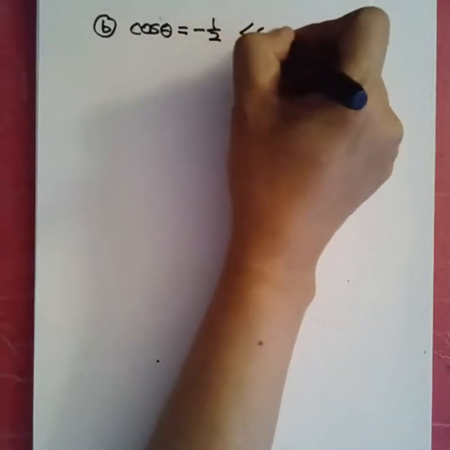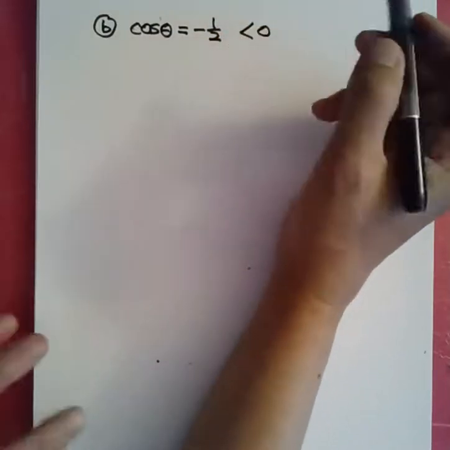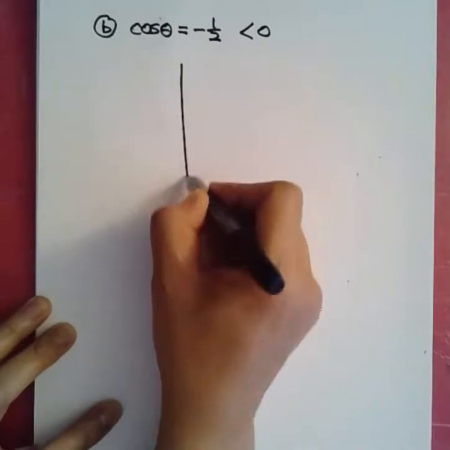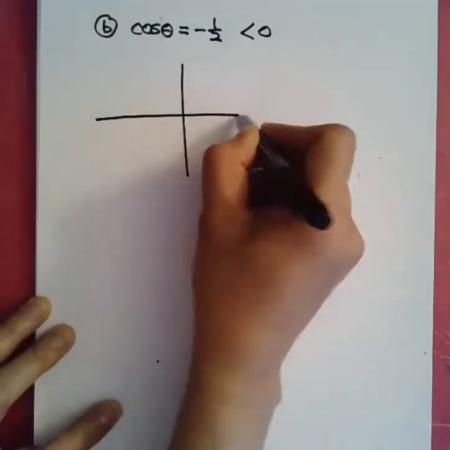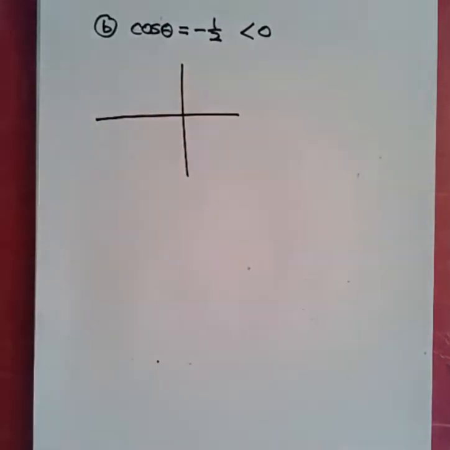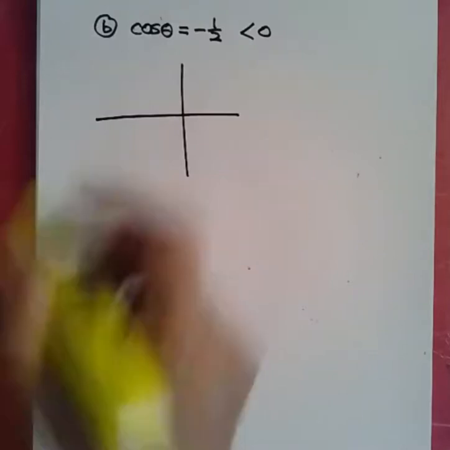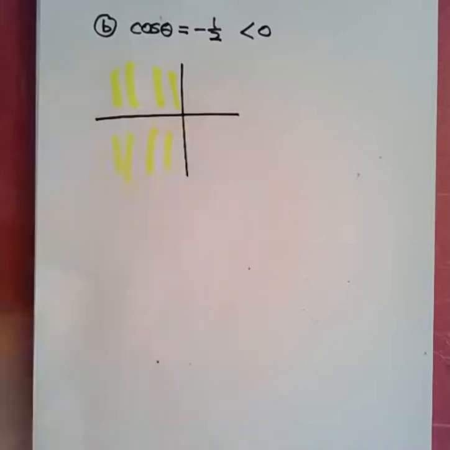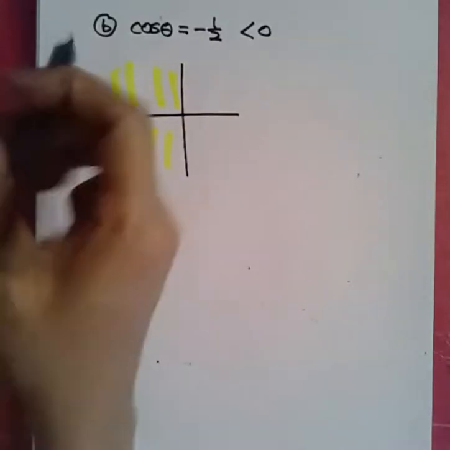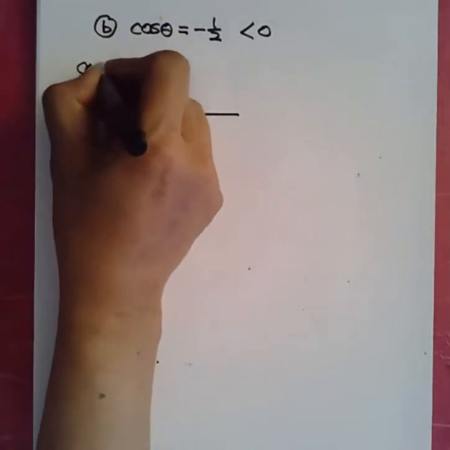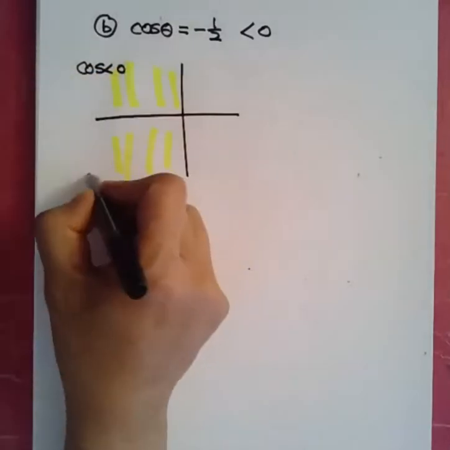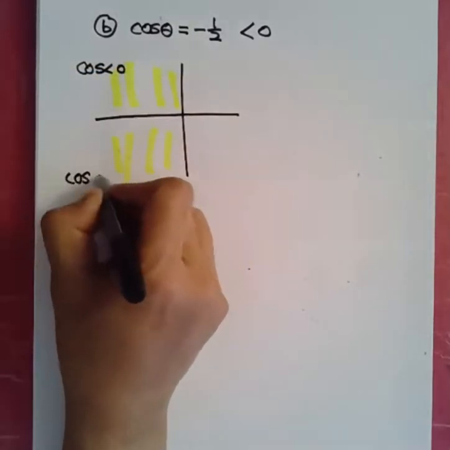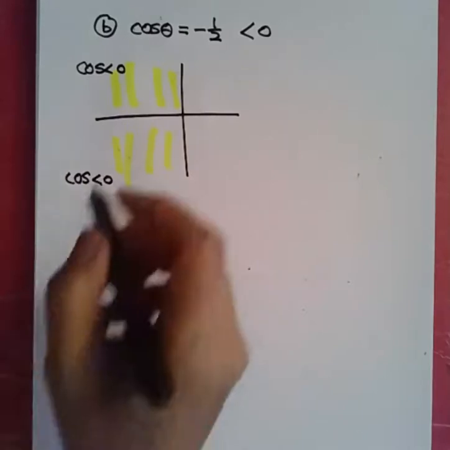In this case, the cosine value is negative, so the angle will be located in either the second or third quadrant because x values are negative in the second and third quadrant.